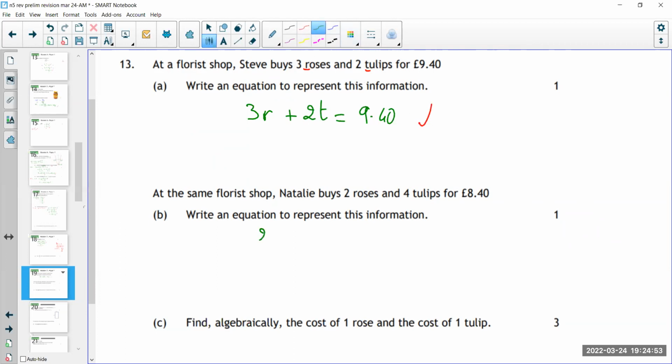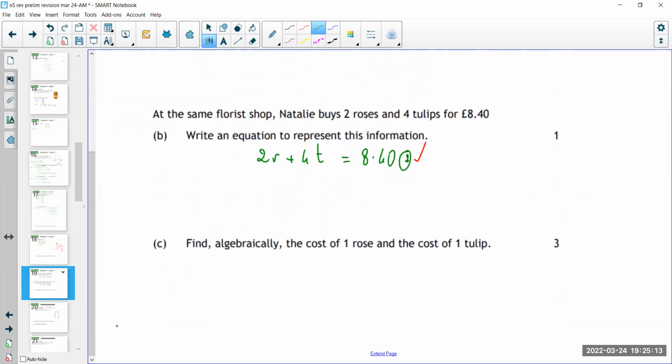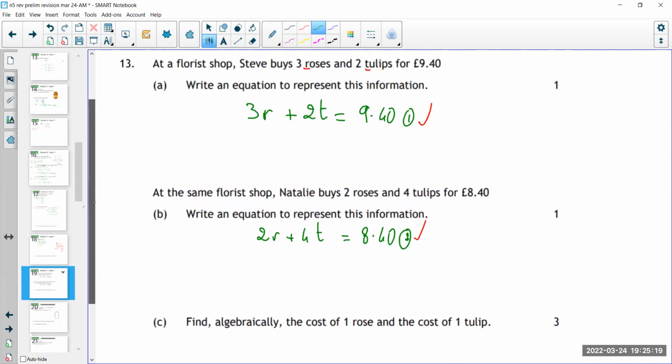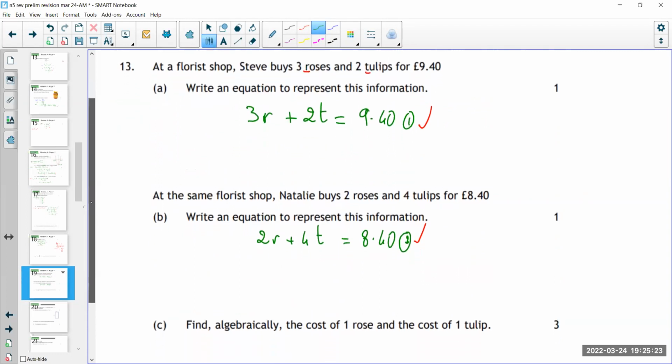Second one, 2r plus 4t equal 840. That's your second mark. We're going to call one of these equation 1 and the other one equation 2. And now you need to show your technique that you will use to eliminate one of them to find the other one.